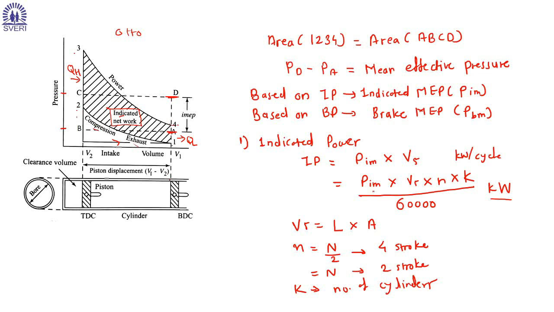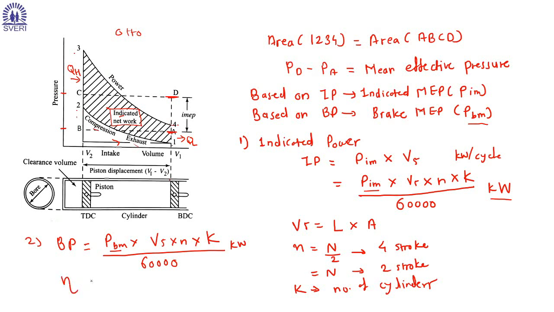Next we'll see the formula for brake power based on PBM. So second, the brake power based on brake mean effective pressure will be PBM into again swept volume into small n into capital K divided by 60,000 kilowatt. Here it was indicated mean effective pressure, here it is brake mean effective pressure.